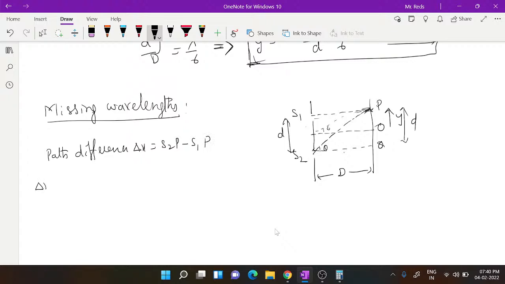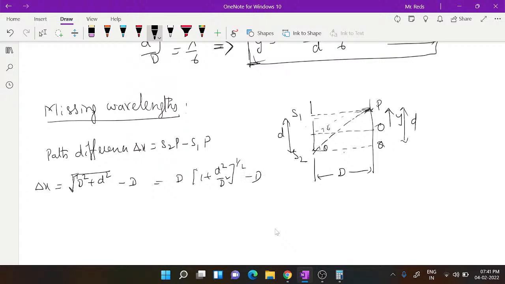So delta x is the square root of D square plus small d square, minus S1P, which is directly D. If you simplify by taking capital D out, it becomes D times the square root, which you can write as power half, of 1 plus small d square by capital D square, minus D.